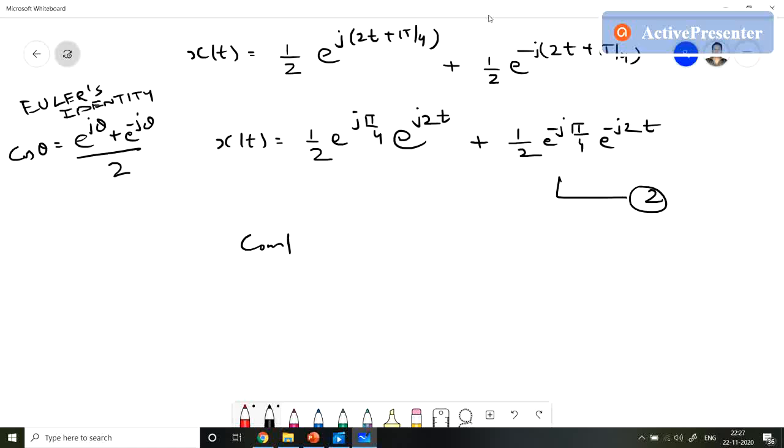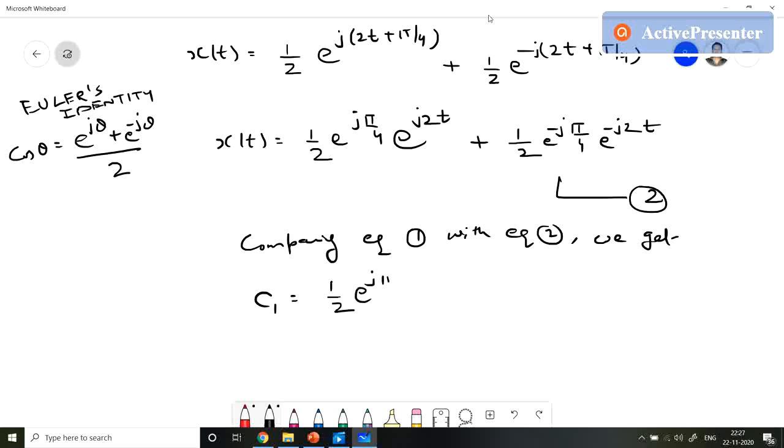So comparing equation 1 with equation 2, what do we get? We get C1 is equal to 1 divided by 2 e raised to the power j pi by 4.